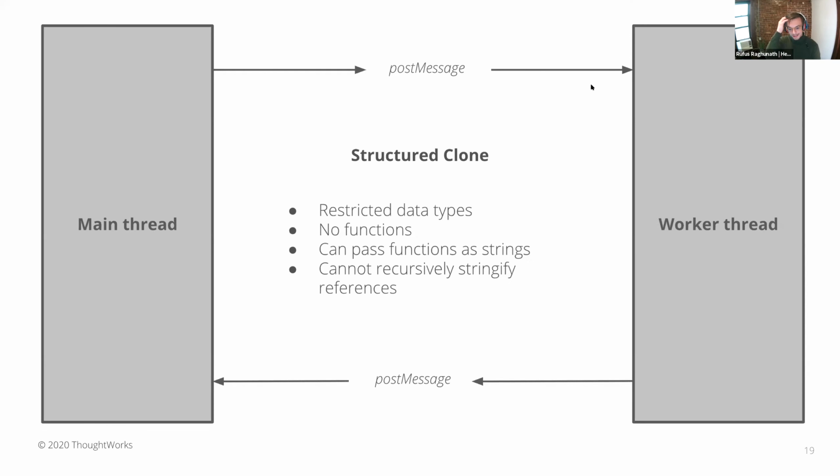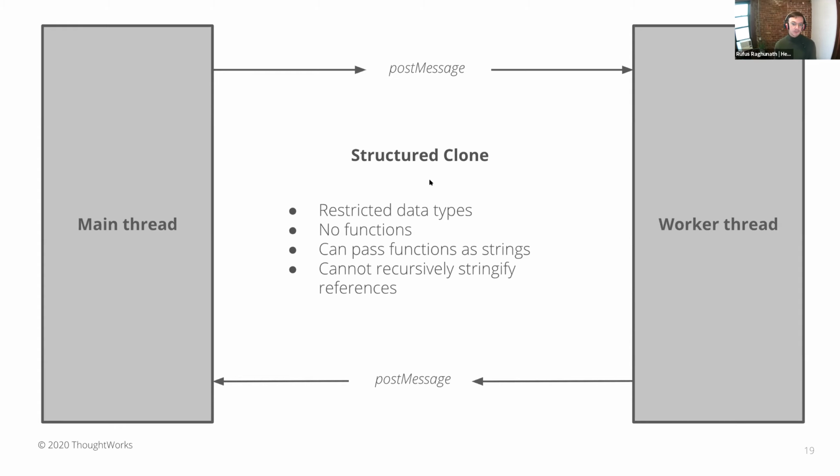To make this just a little bit more visual, here we have the two threads, the main thread and the worker thread. They send messages backwards and forwards via post message. Every time the data goes through a post message, you apply the structured clone algorithm. And that algorithm is restricted in the data types that it can copy, right? So for example, you can't clone a function. However, you can get around it, as I mentioned, by stringifying simple functions.